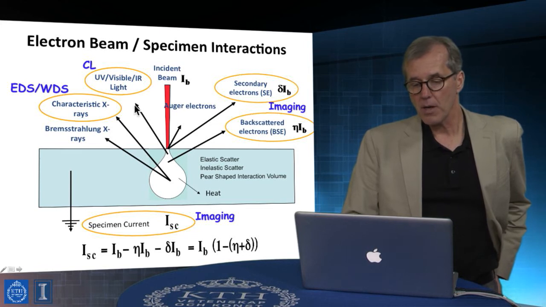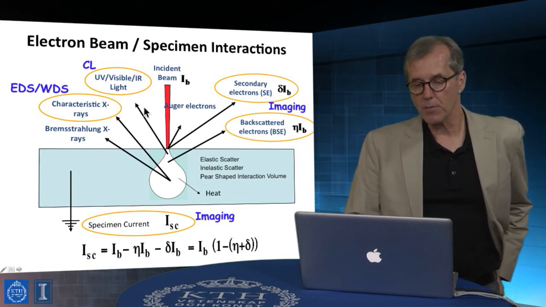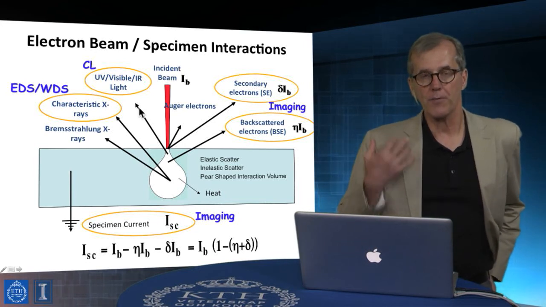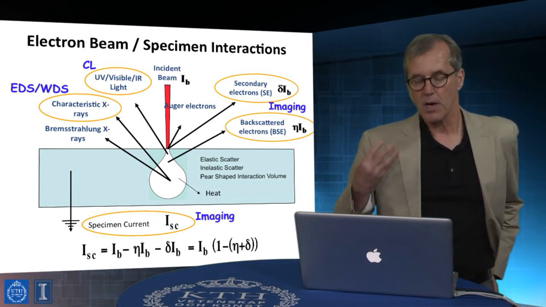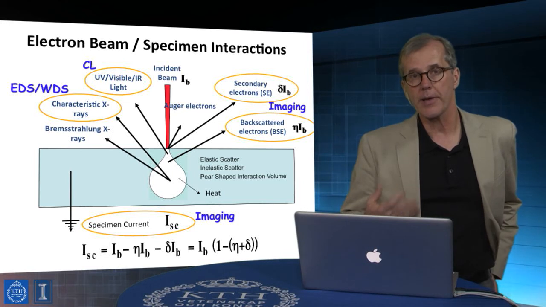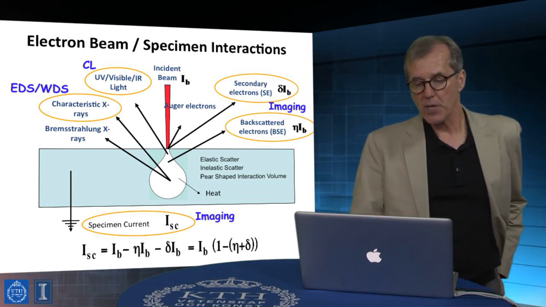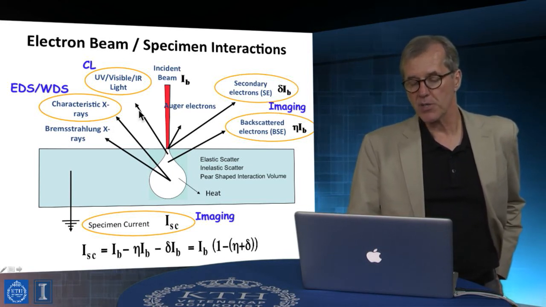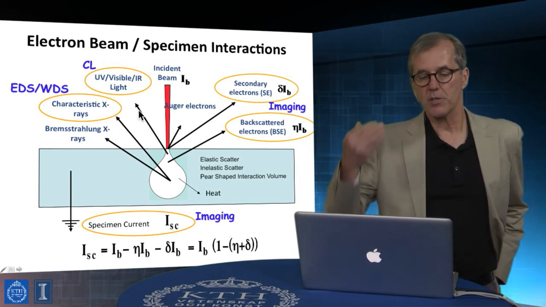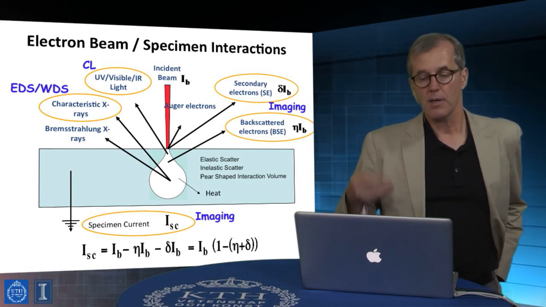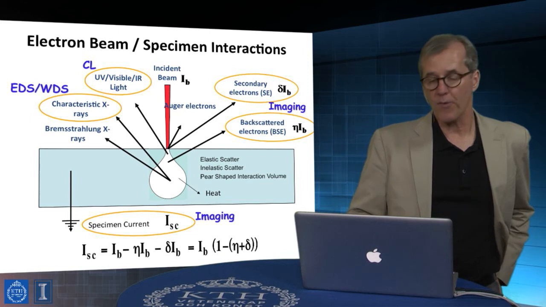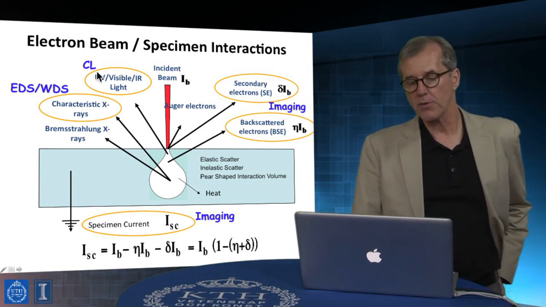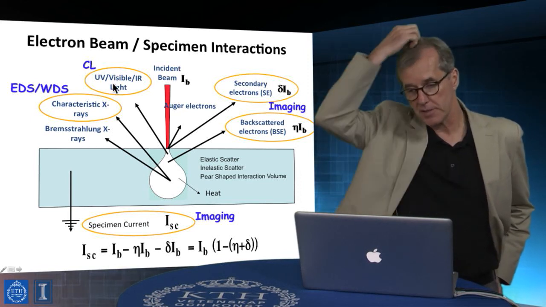But in certain materials, forms of matter that are very efficient emitters of photons in other energy regions, we can see electronic excitations that lead to de-excitations that emit light in visible and ultraviolet wavelengths. That gives rise to a phenomenon called cathodoluminescence.